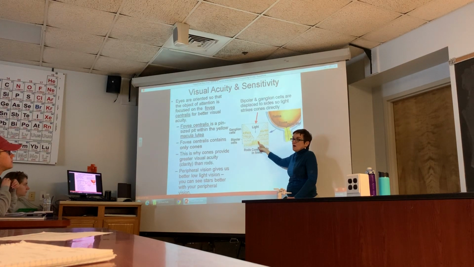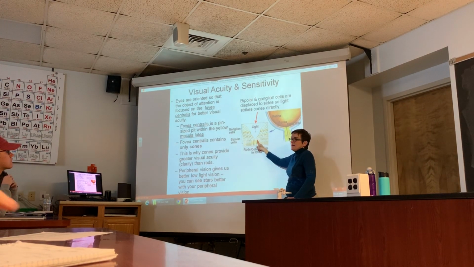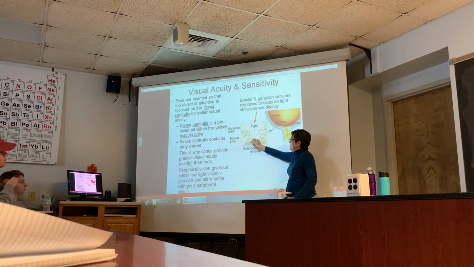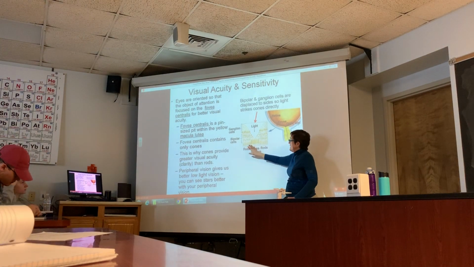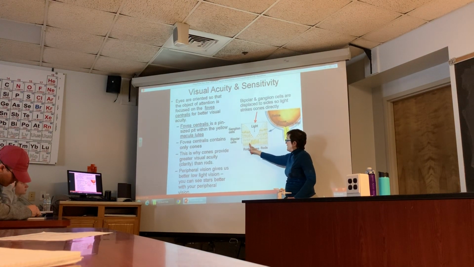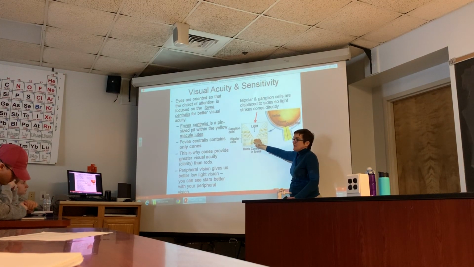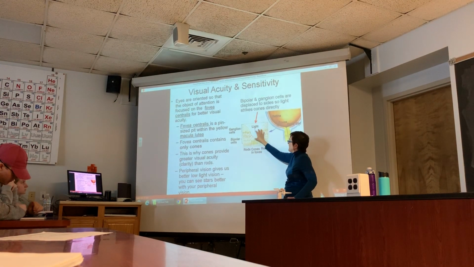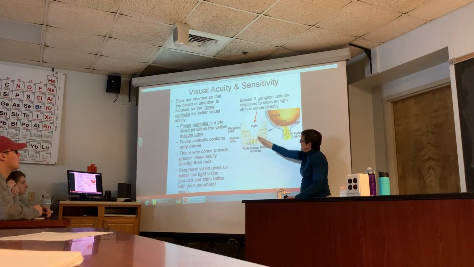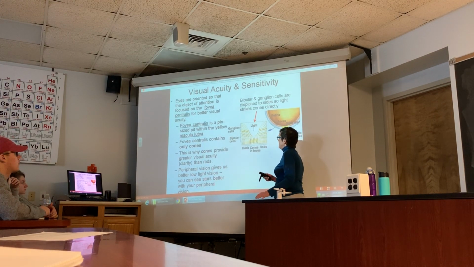In other words, there are no rods in the fovea centralis. So your visual acuity is best in color. You can see best in color because that's where the focal point is. These are rods over here, I guess, but these are supposed to be cones. That's what you're stimulating, and you're stimulating them directly. There's nothing even in the way, so you're getting almost direct stimulation of those cones.